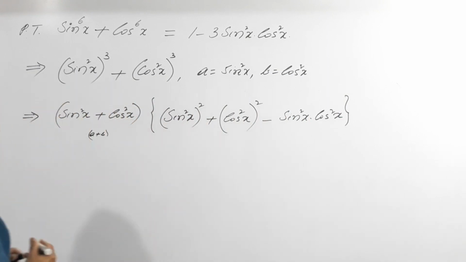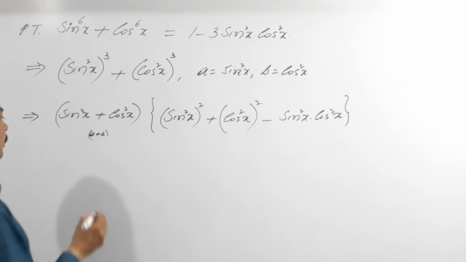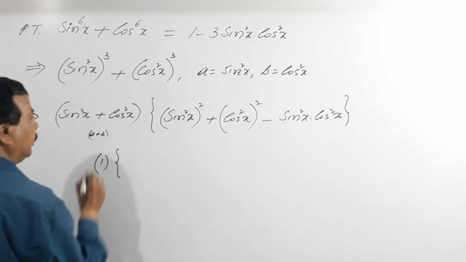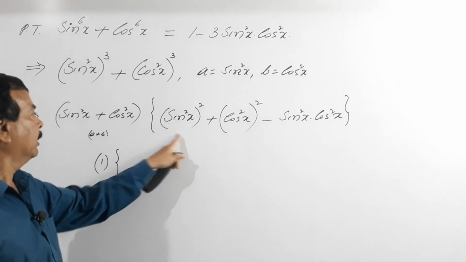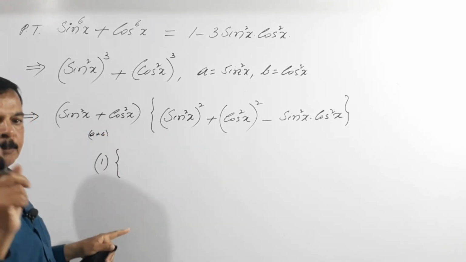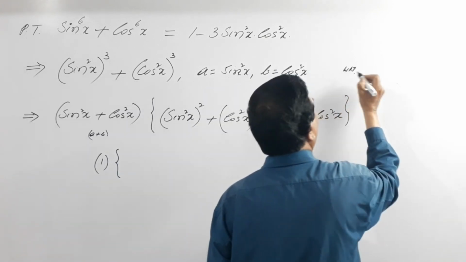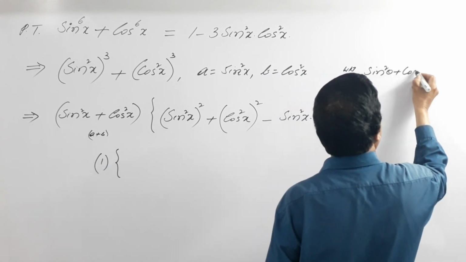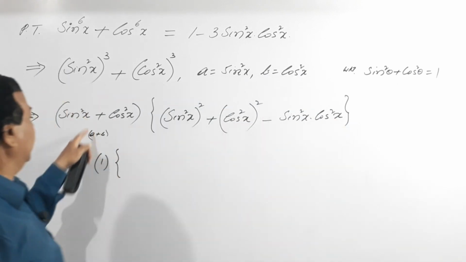Okay, now sin square x plus cos square x is nothing but 1, so this becomes 1 into, so this becomes sin to the power of 4x. ये क्या हो गया? sin square x plus cos square x एक बन गया, because we know that sin square theta plus cos square theta equals 1.